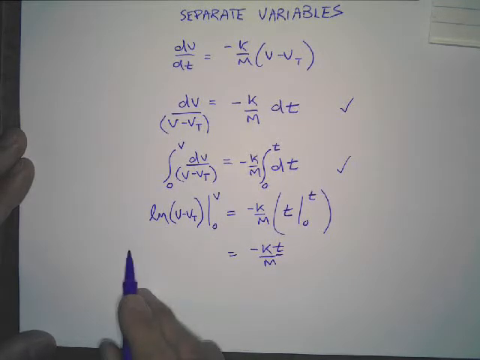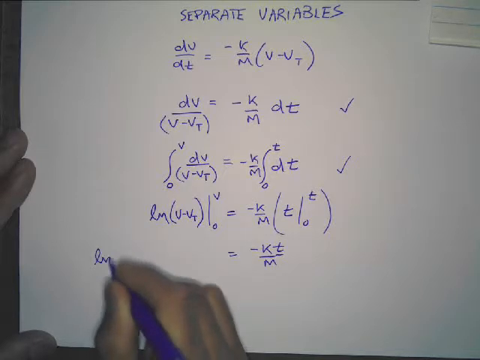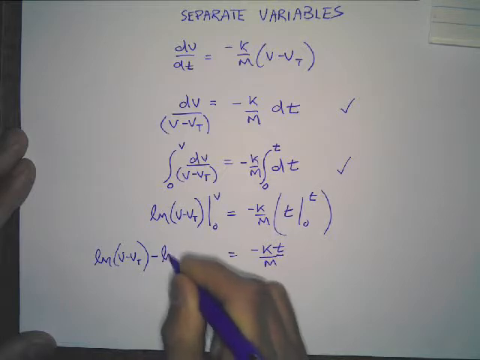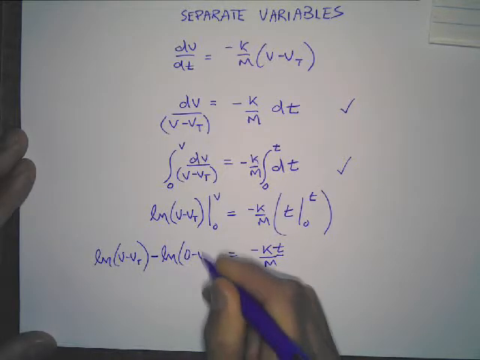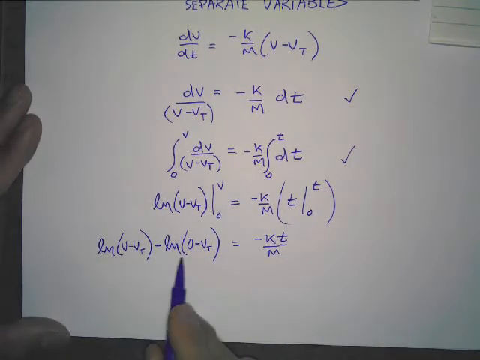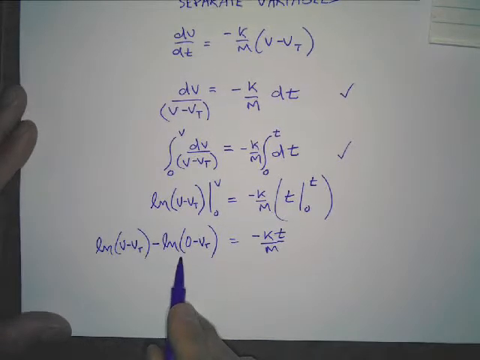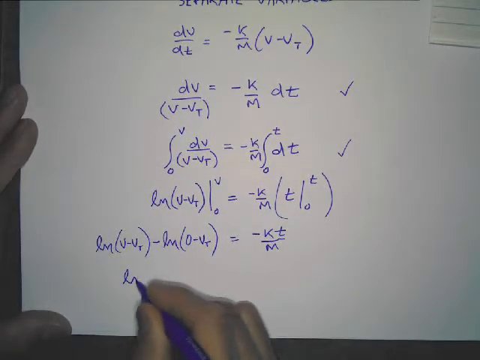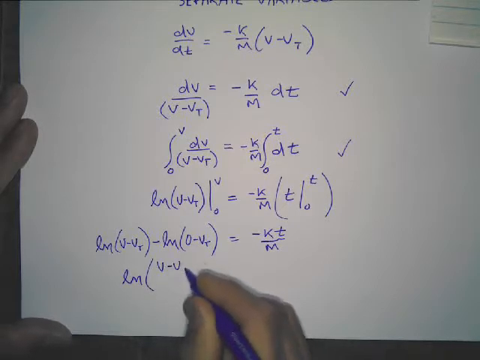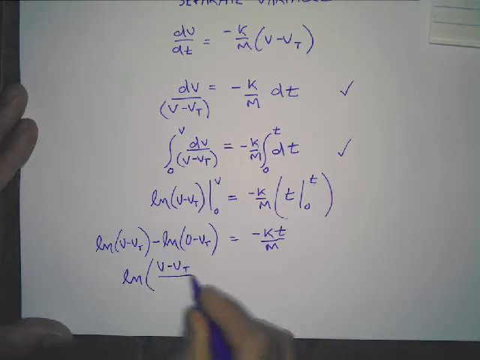All right, so let's evaluate the left side of this. That would be the natural log of v minus vt minus the natural log of 0 minus vt. We have a difference of logs here, so a little bit of fun algebra. The difference of logs is the same thing as the log of the quotient. Yes, you have to know that stuff.